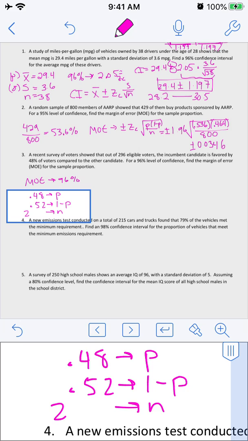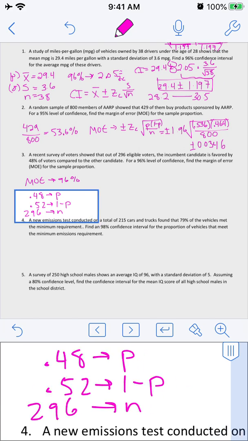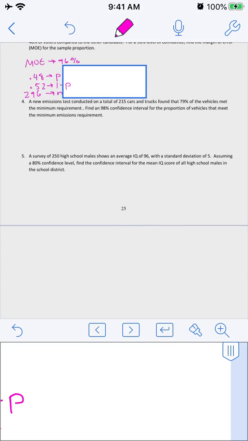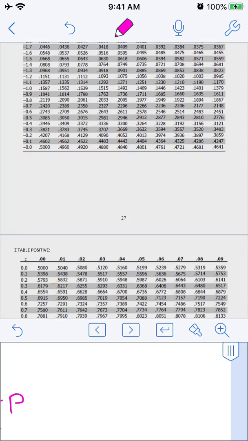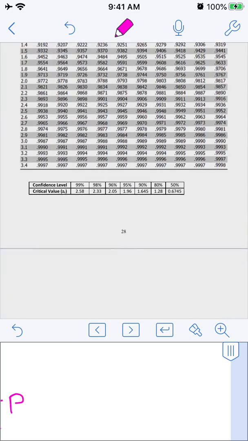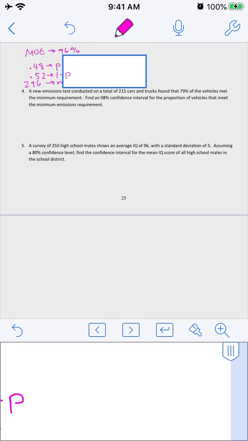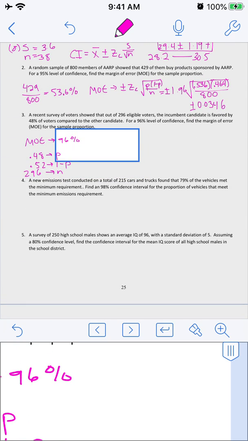That was 296. And then the only other thing we need was that confidence value, that critical value. Let's go check out what 96% would be. 96%, that would be 2.05, just like the first time we used 96%. So this would be 2.05.